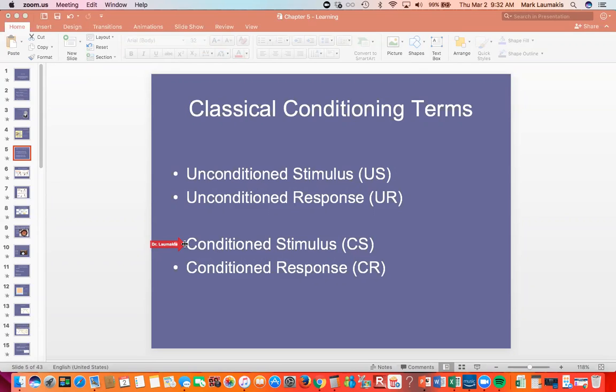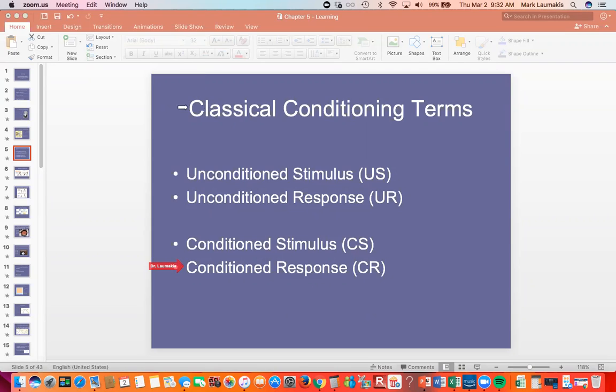So initially that picture doesn't make you blink, but if I do that picture repeatedly in conjunction with a puff of air to your eye, ultimately what will happen is the newly learned conditioned response will emerge, and what we'll see is you blinking in response to a picture that you didn't blink to previously, right? That's the relatively enduring behavior change that occurs here as a function of this classical conditioning.